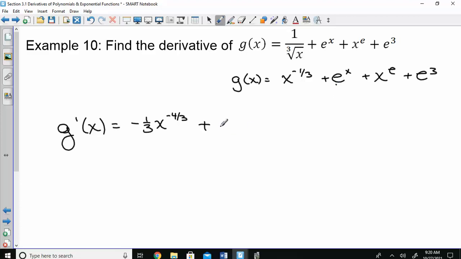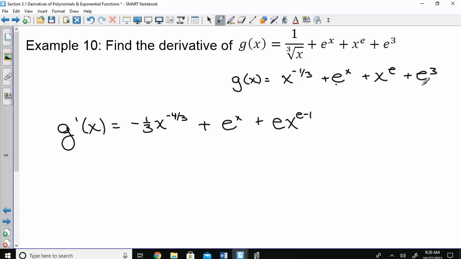Plus, what is the derivative of e to the x? E to the x. Plus, I said x to the e. Okay, x to a power, the power comes down. Keep your x and you subtract 1 from the power. So my power just becomes e minus 1.